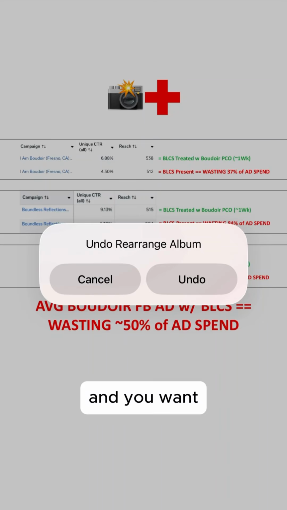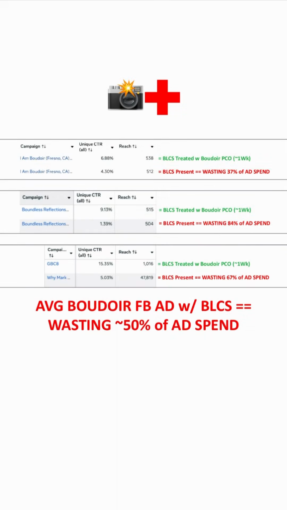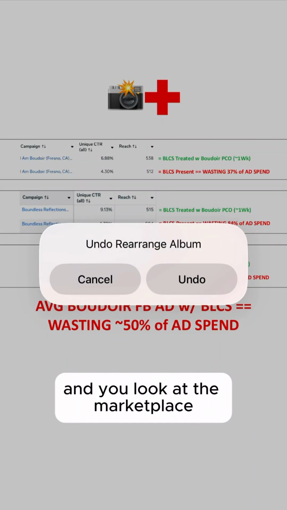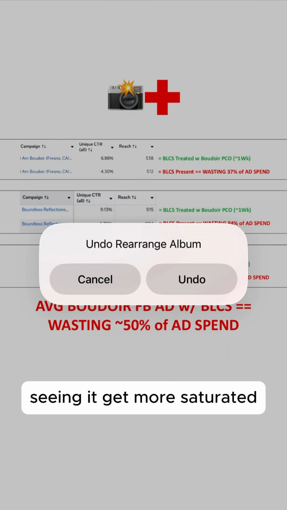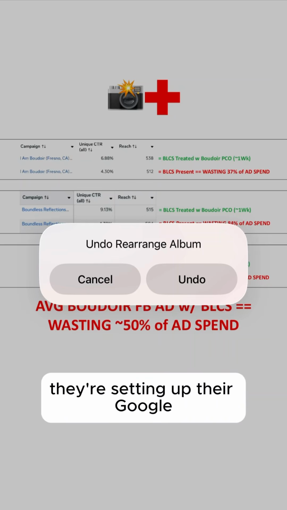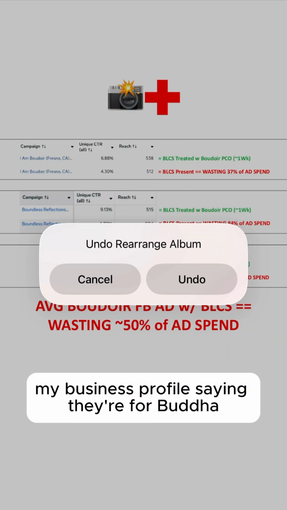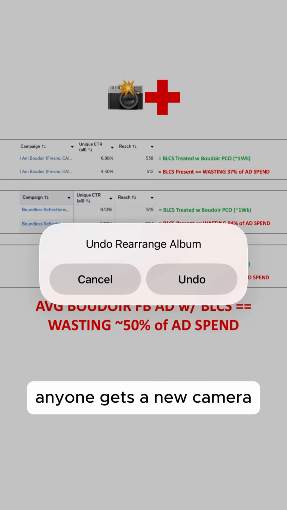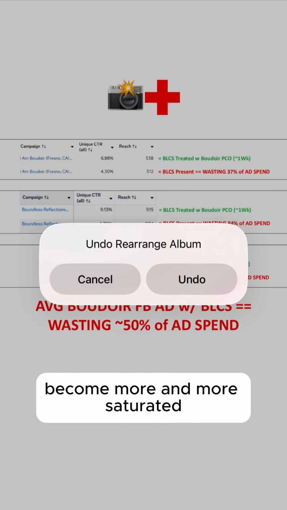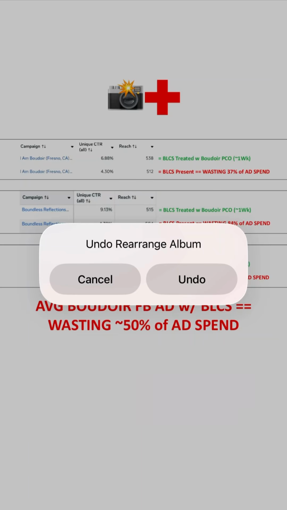All right, so if you're a BLCA with BLCS, so you're a Boudoir low click advertiser with BLCS, and you spend more than 10 grand a month on Boudoir Facebook ads, and you're looking at the marketplace seeing it get more saturated, it seems like anytime someone gets a new iPhone, they're setting up their Google My Business profile saying they offer Boudoir, or anyone gets a new camera, they're in the mom group saying they offer Boudoir. So you're just seeing the market become more and more saturated for the same number of buyers.